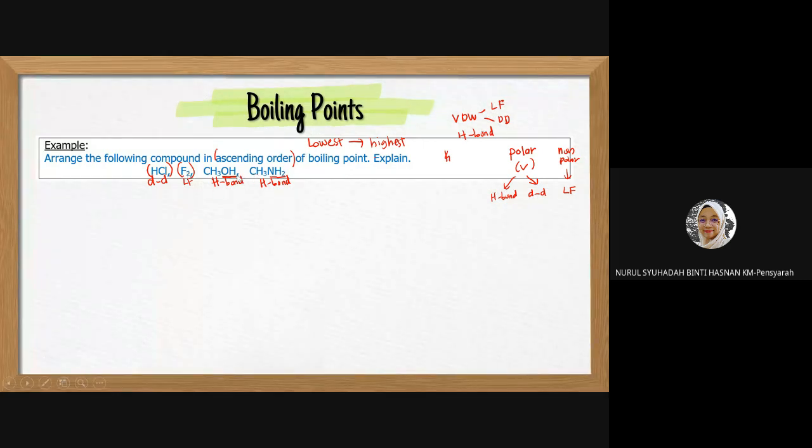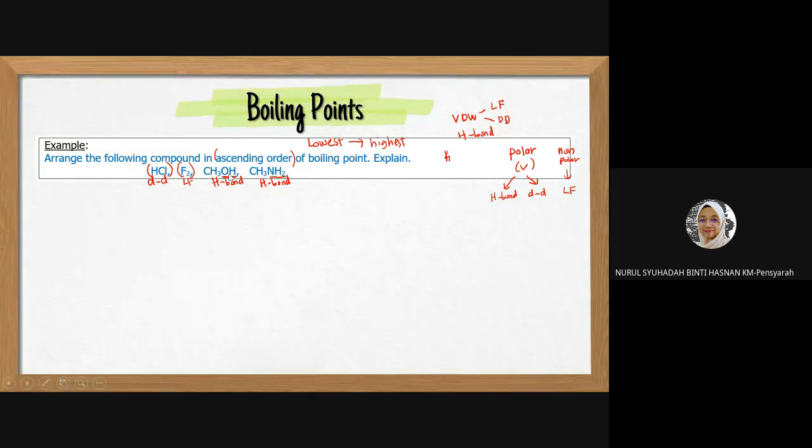Kemudian kita kena tentukan antara CH3OH dengan CH3NH2, hydrogen bond mana yang lagi kuat. Beza dia adalah oksigen dengan nitrogen, different in electronegativity. Siapa yang lagi elektronegatif? Oksigen. Jadi CH3OH will have the highest boiling point.